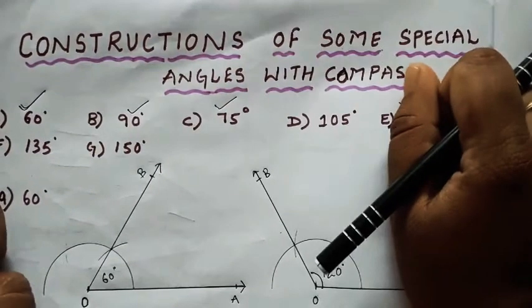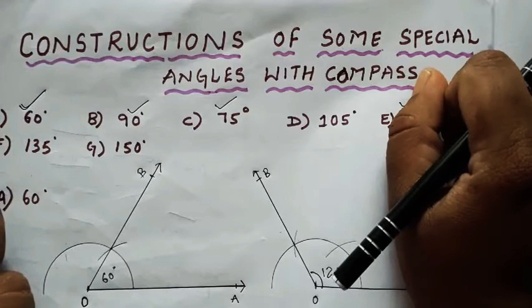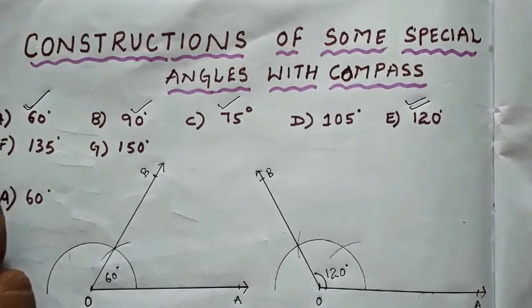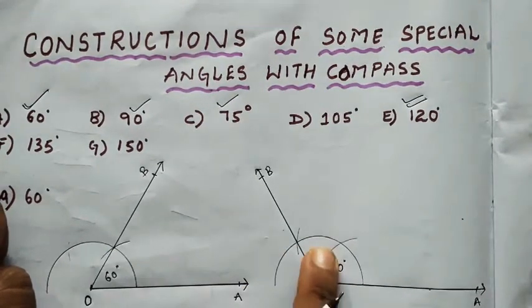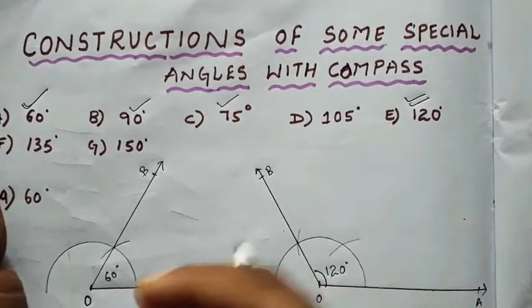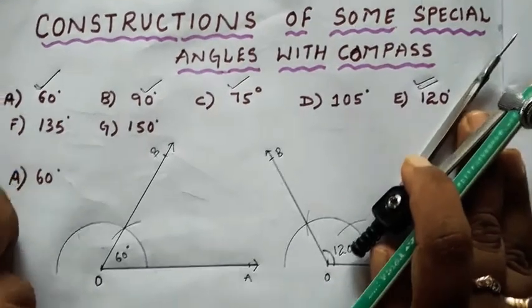Now a very important point comes to my mind: if anybody asks you to construct an angle of 45 degree, or 30 degree, like this, which is exactly half of these angles, like 75 by 2, how will you construct it? For one I'm just doing it, and the rest you can do yourself.